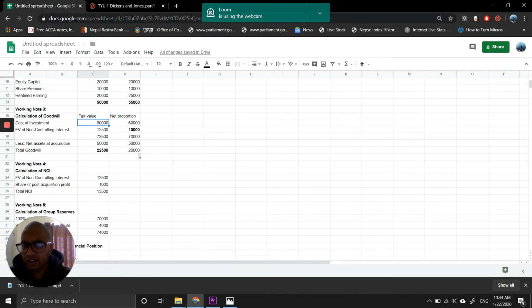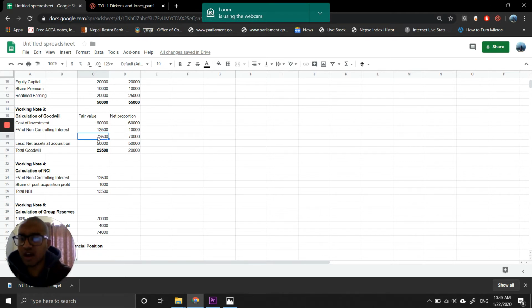And then once you've calculated your goodwill, there are two methods of calculating goodwill: fair value method and net proportion method. Since in this particular question we are only using the fair value method, this is how you calculate your goodwill using the fair value method, which is cost of investment, then you add the fair value of non-controlling interest. This will give you the total value, or the present value, of the total company, okay?